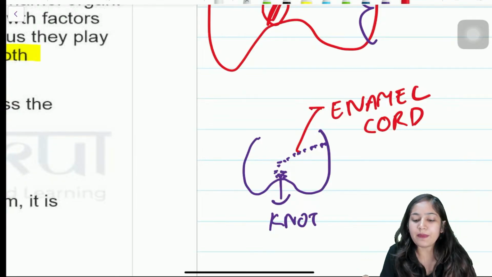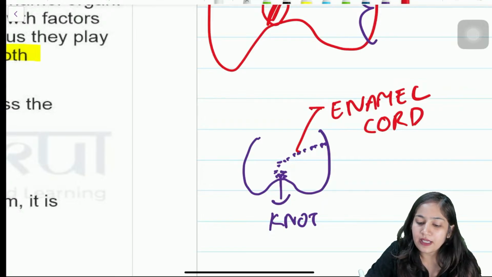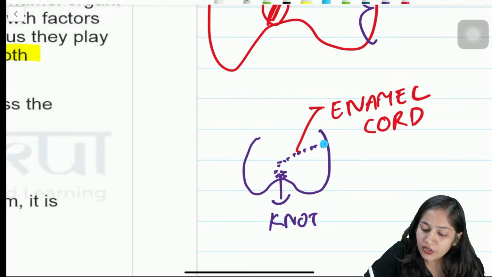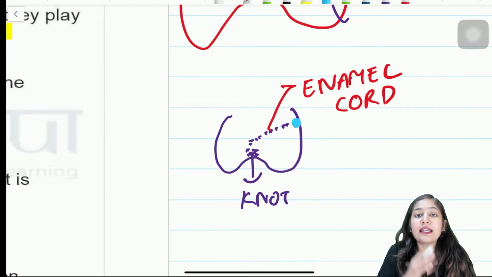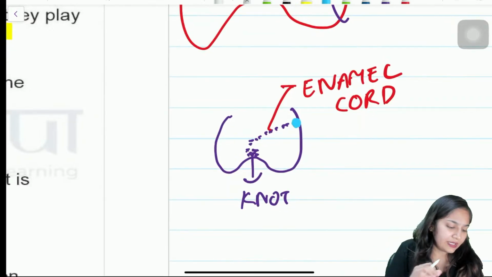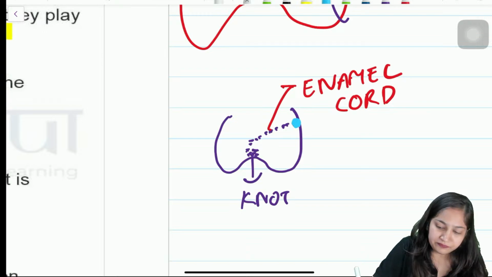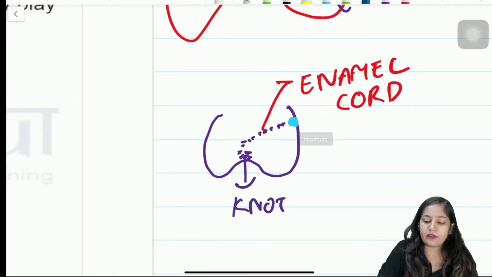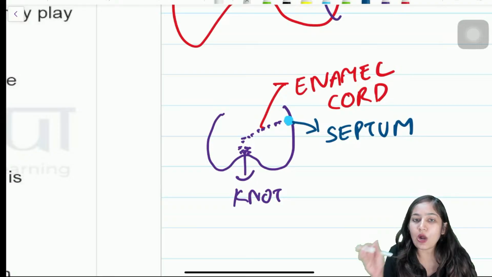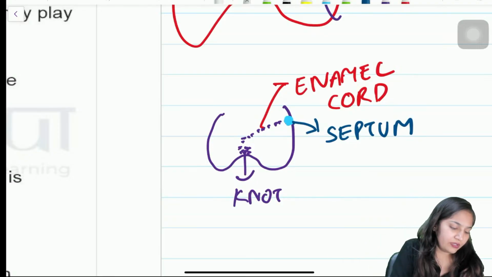Okay, Aditi. Enamel septum in the image, right? Enamel septum is here. Here you can see this blue point where the enamel cord meets the outer enamel epithelium. It is enamel septum. This blue point where the cord meets the outer enamel epithelium.